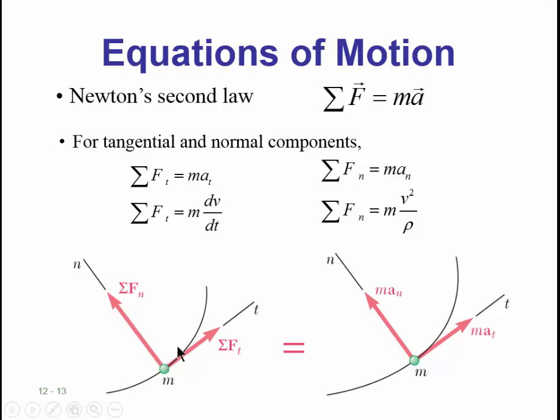Okay, so now these forces, whatever they add up to be, are going to equal these inertial terms. So mass times a normal acceleration, which of course we have right here, as well as a mass times a tangential acceleration, which we have here. So this is very similar to what we talked about previously, where we could look at the sum of forces in x equals max, or the sum of forces in y equals may.